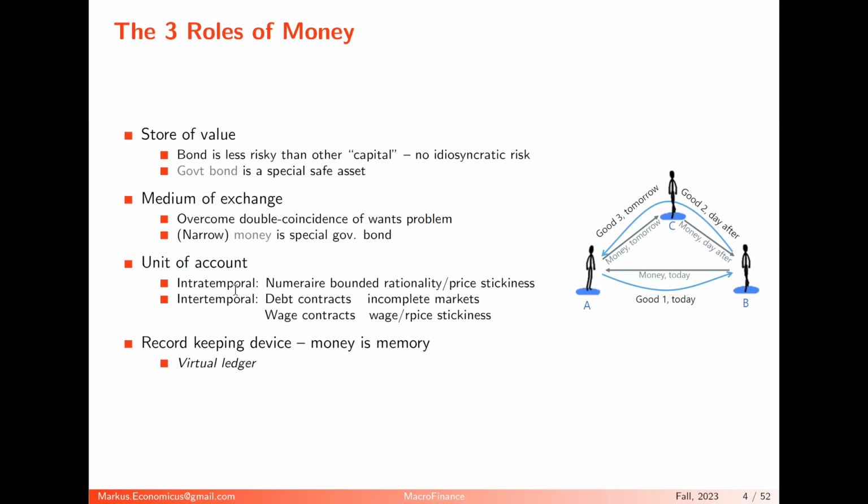And the second thing is it might have an intertemporal perspective, and that has a very important thing, how debt, for example, is denominated. So if debt is denominated in euros or in dollars or in pesos, in a setting where markets are incomplete, it matters, okay?